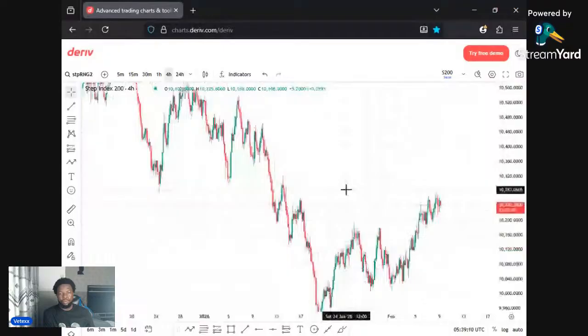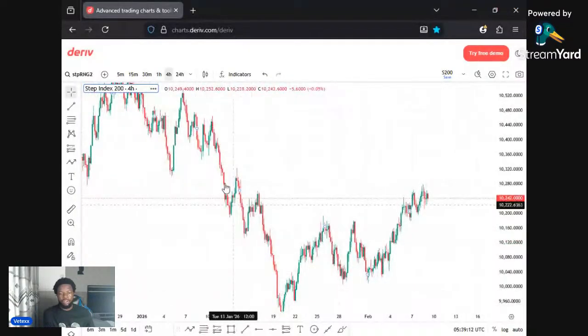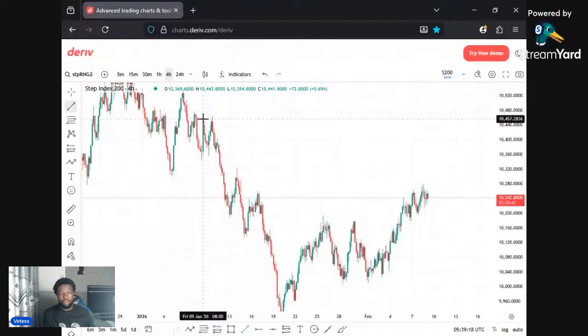First of all, we have a sweep of liquidity, which is right here. And then we have a protected high here.